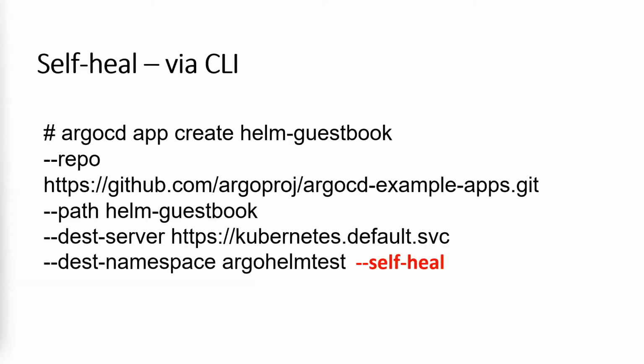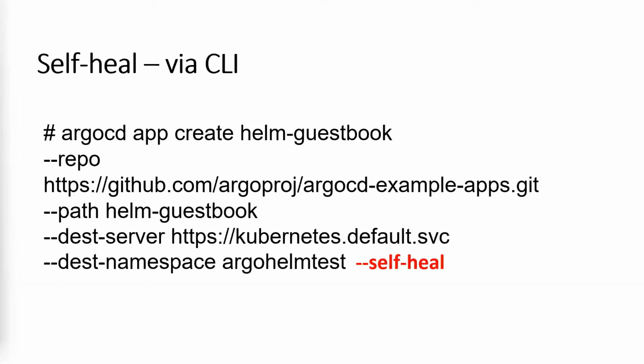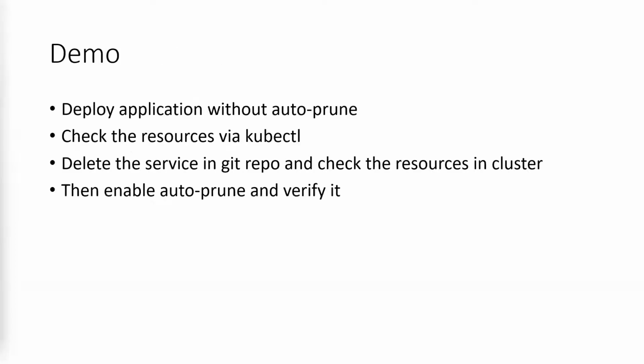In the demo section, let's see those options. Deploy the application without auto pruning, check the resources via kubectl, delete the services or deployment in the cluster and see what happens, and then enable it and see that. Okay, so let's jump into that.